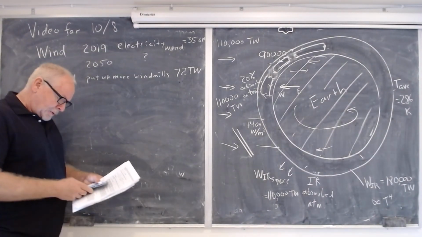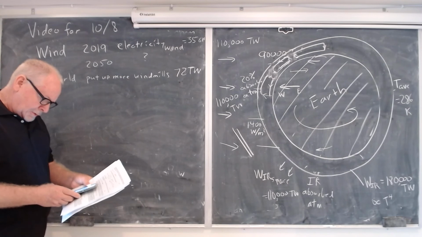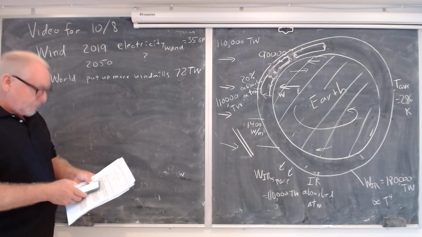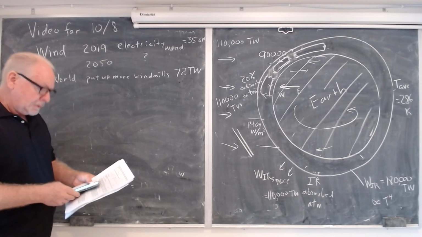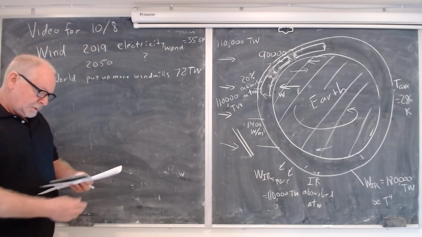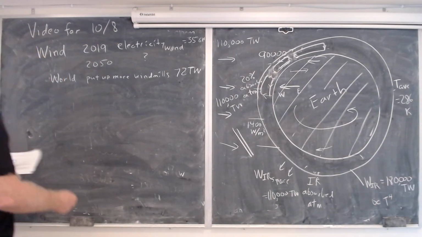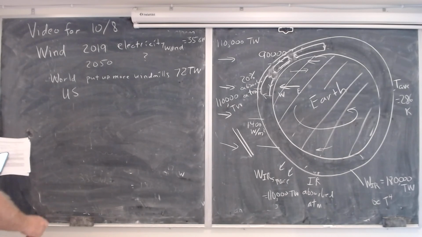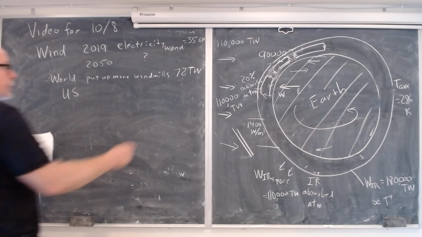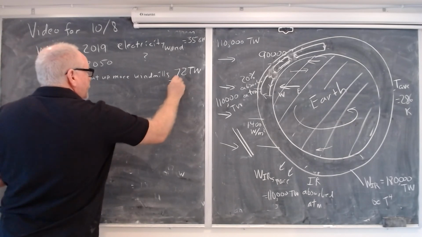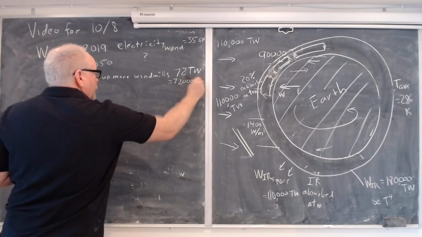So based upon that, 72,000 gigawatts times 0.06 would indicate that U.S. possible is, okay, now remember what we did here, 72,000 gigawatts, right?